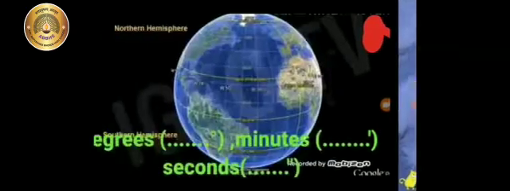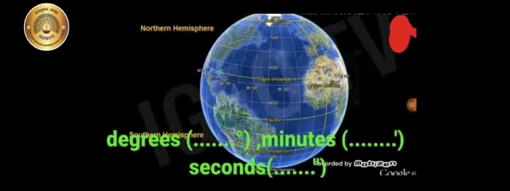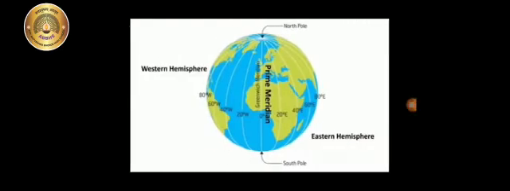It is known as the prime meridian. The angular distances of the other meridians from the prime meridian are measured in degrees and are called longitudes. The circle divides the earth into the western hemisphere and the eastern hemisphere. All meridians are equal in size.